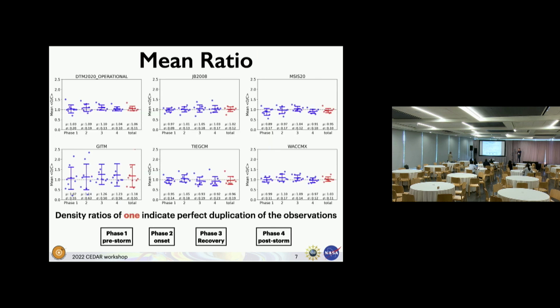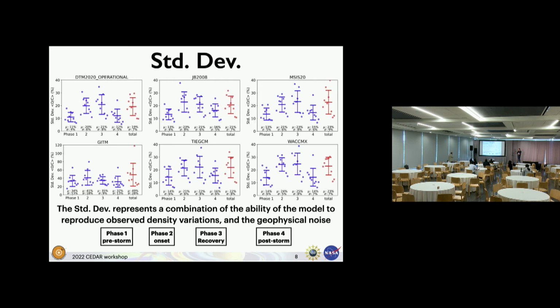This is the mean ratio we have. You can see GITM has a very large deviation compared with the other models, but I would not say it performs worse than the others. And this is the standard deviation we have.